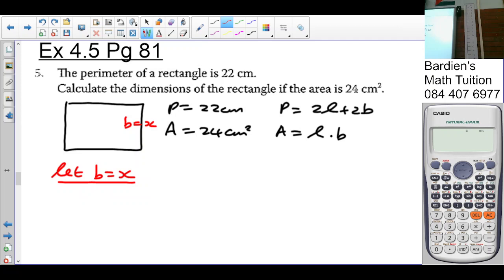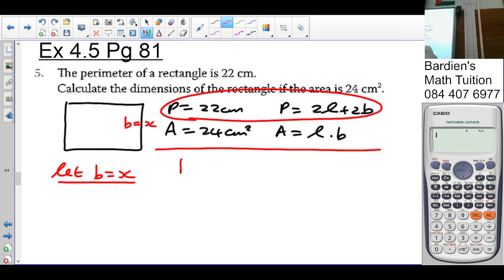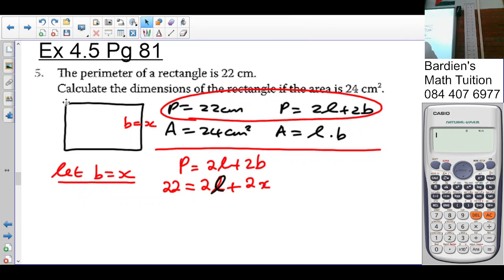We go with the first piece of information. Your perimeter is 2 length plus 2 breadth. 22 equals 2 length plus 2x. So what I want you guys to do is to make L the subject of your formula.